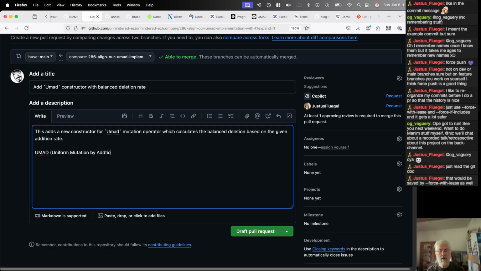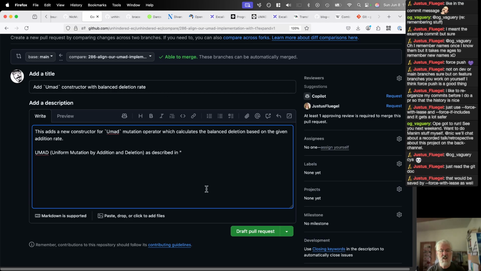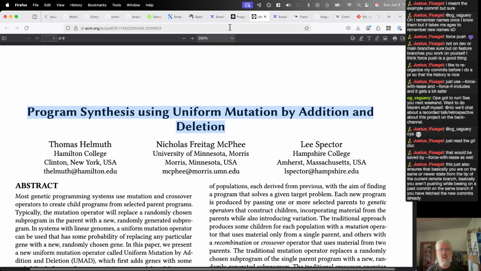By addition and deletion, as described in, what's the title of the paper? Program synthesis. Actually, then I probably don't need that because that is in that title. But it would be good to have a link.